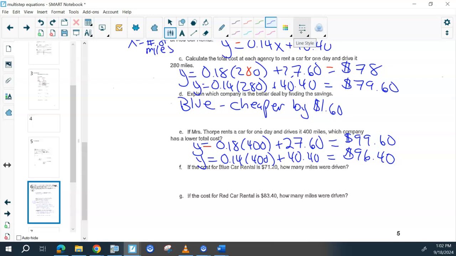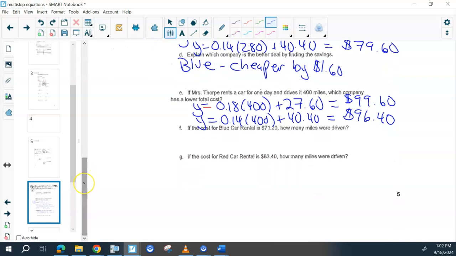Okay. Then for the last two, you had to find the miles instead of the total cost. You were given those. So for the blue, we would put this in for y. And we would solve for x by getting rid of 2660. Someone subtract that. Tell me what you got.